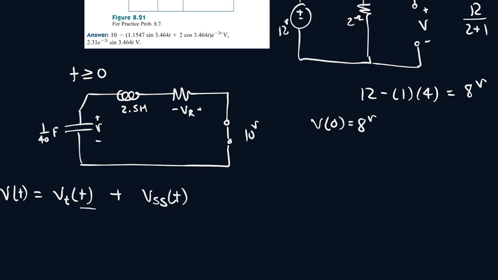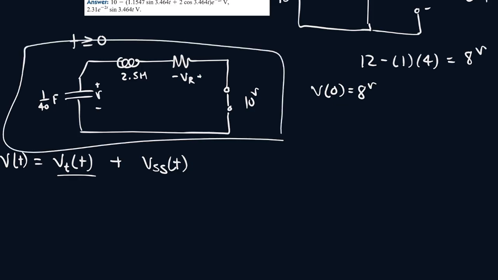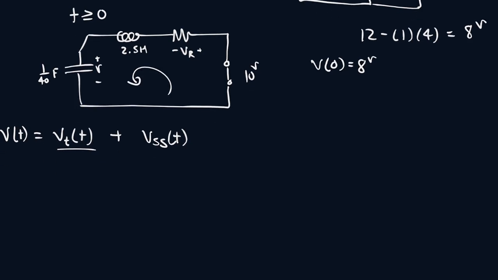Okay, so first let's find this one. So this one we're going to be using this circuit. We'll do a quick mesh. So we'll just do the following. So it'll be VR plus, wait, sorry, so not VR.